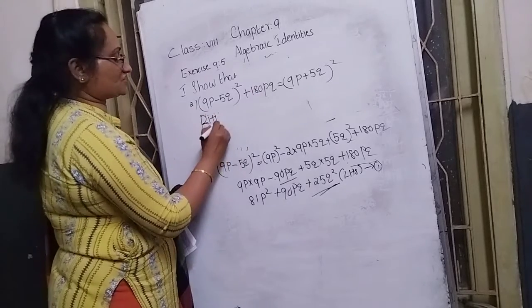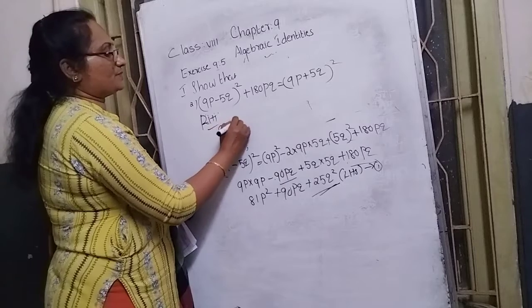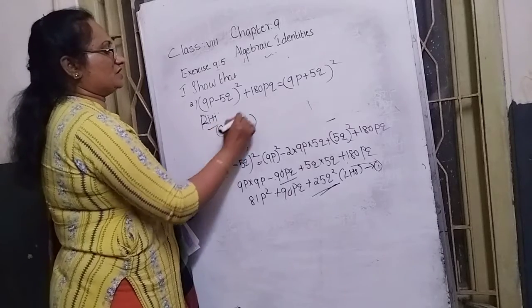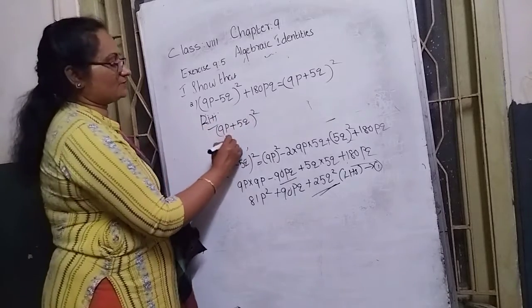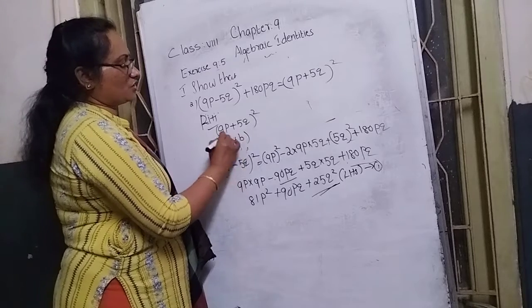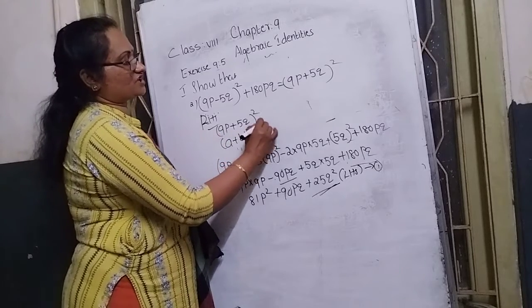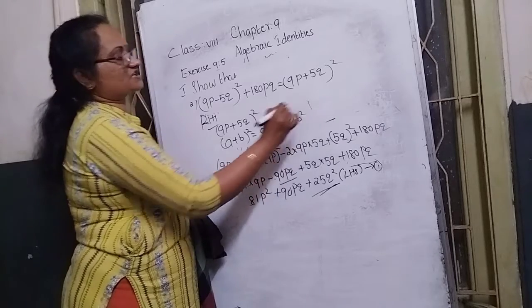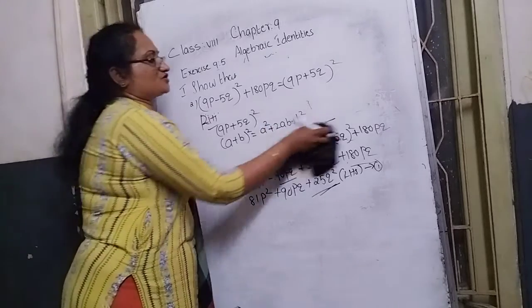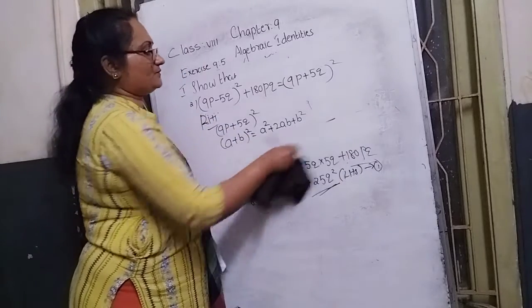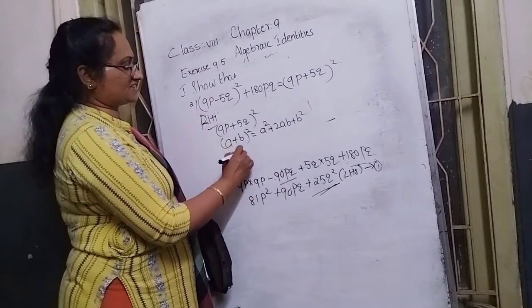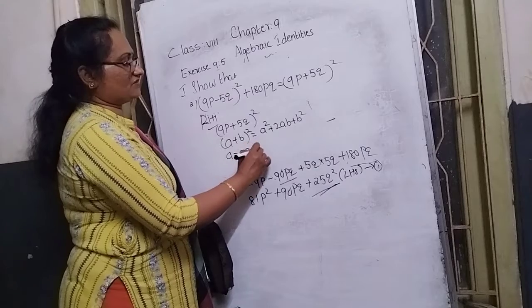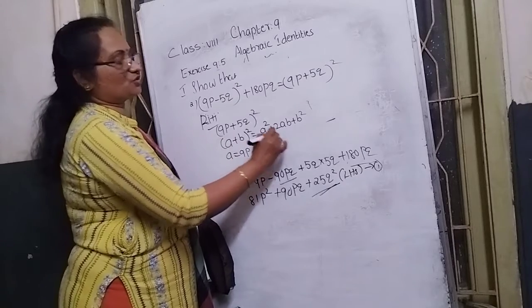Expand the RHS, which is 9p plus 5q the whole square. Which identity form is this one? The a plus b the whole square identity. The expansion is a square plus 2ab plus b square. Then here also sort out the a value and b value. Here the a value is 9p, the b value is 5q.